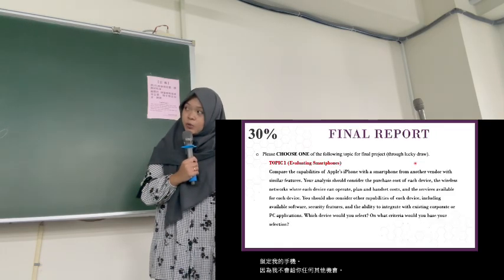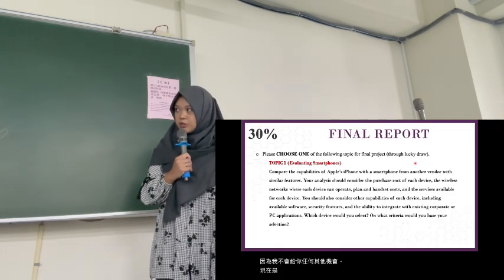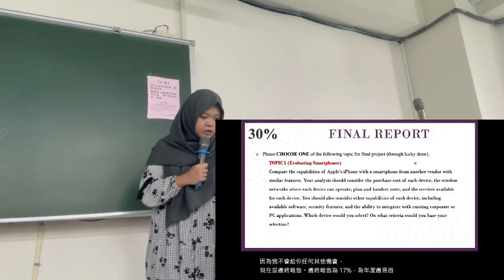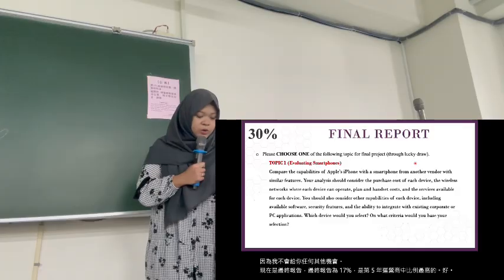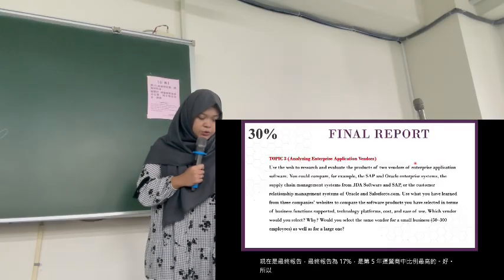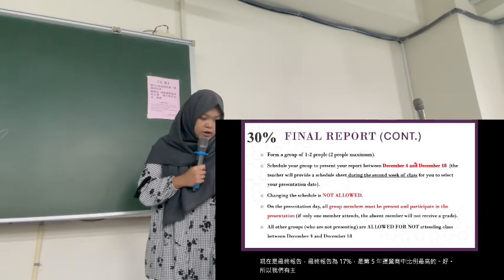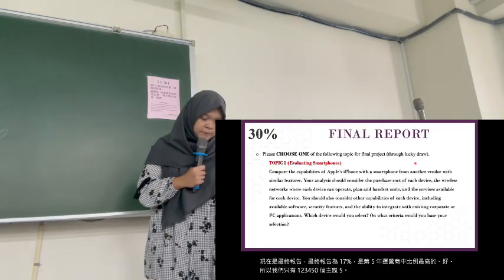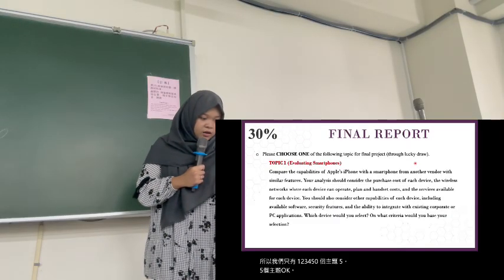Now, the final report. The final report is 30%, the highest percentage of your final grade. So we have topics 1, 2, 3, 4, 5. Only 5 topics.